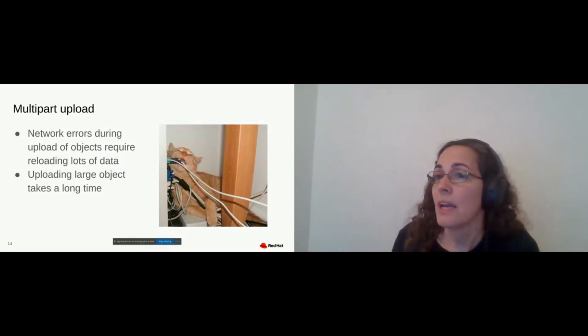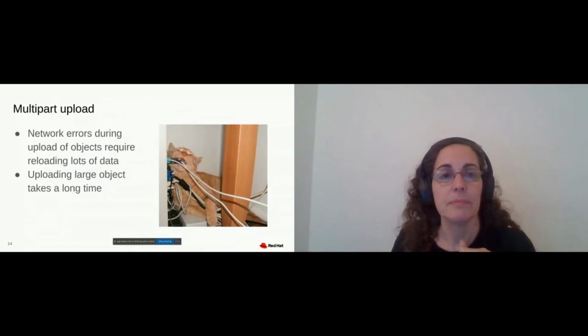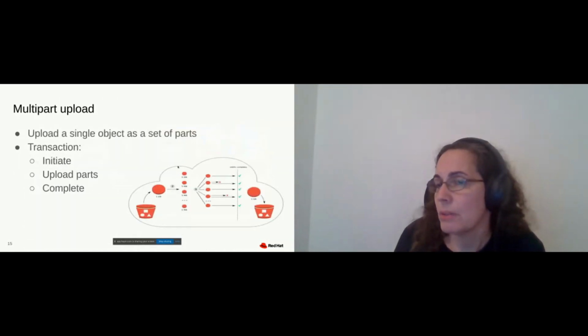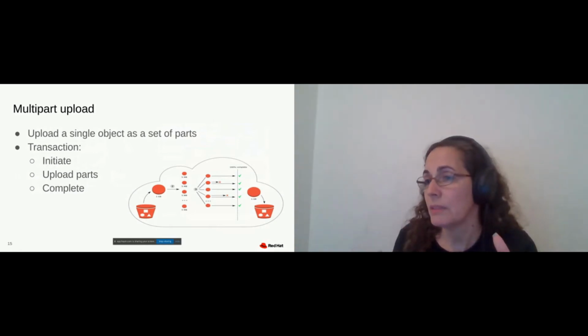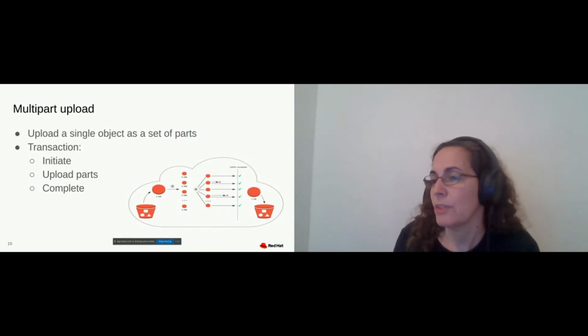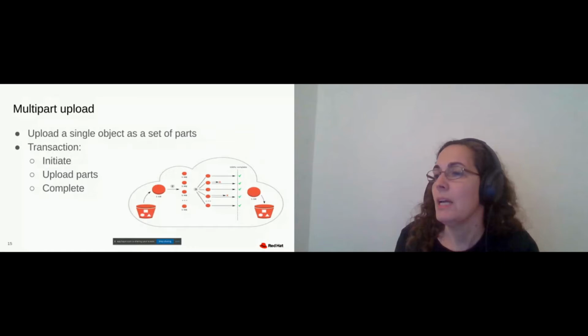And object storage has what we call multi-part upload to solve the problem. With multi-part upload, as the name says, we take the big object, cut it into parts, and upload each part separately. It's a transaction-based protocol. First of all, you have an init command. You go to the object storage and tell it, I want to upload this object. You give it the name.